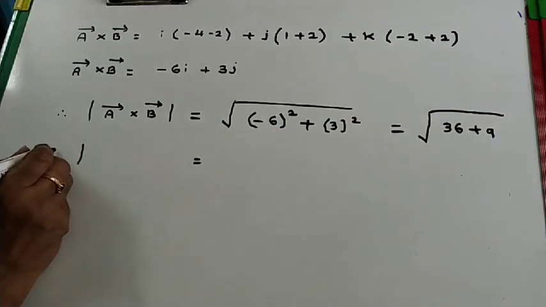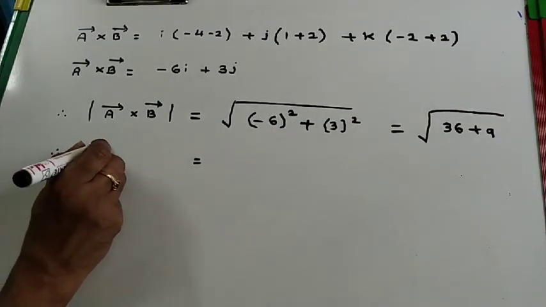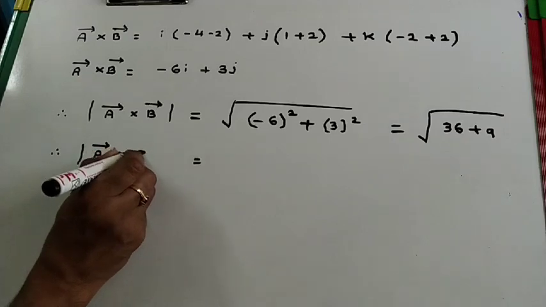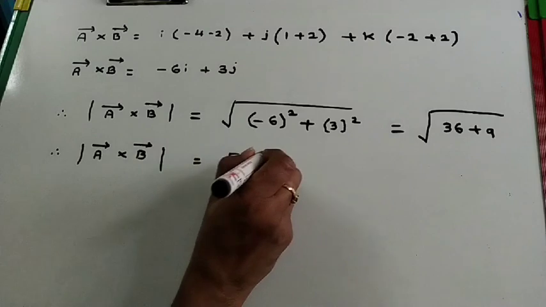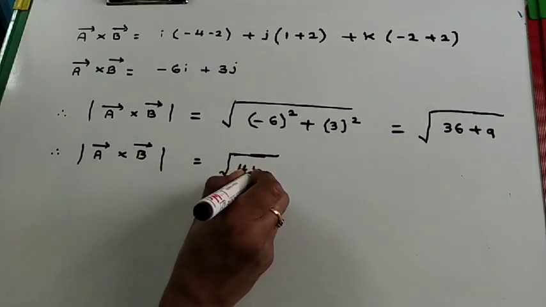Therefore, A vector cross B vector mod is equal to root 45.